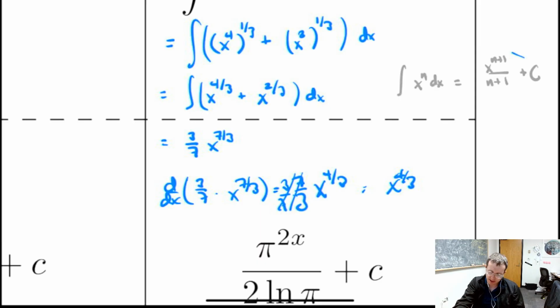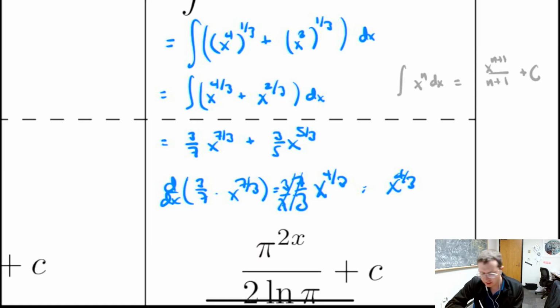And of course, that's exactly what this rule is telling you to do. You divide by the new power that you get after adding 1, which was 7/3. And dividing by 7/3 is, again, multiplying by the reciprocal 3/7. Similarly, for the x to the 2/3, to get that by differentiating, I would have to start with x to the 5/3.